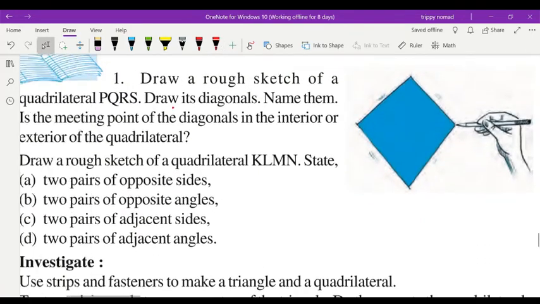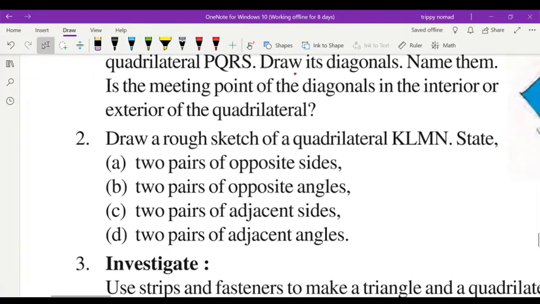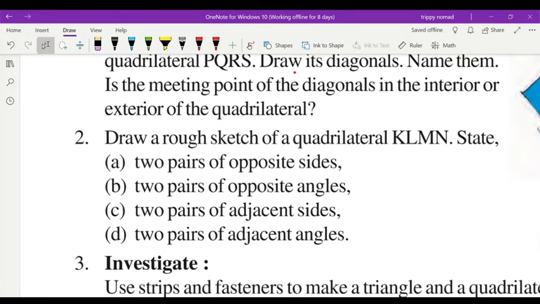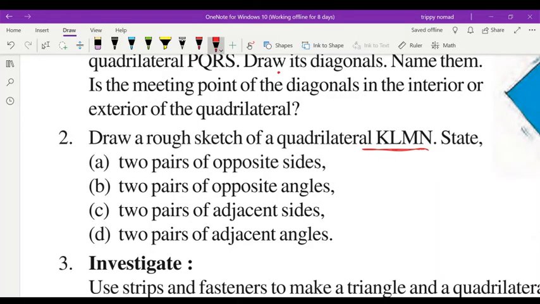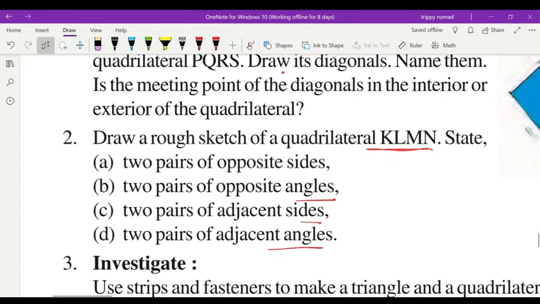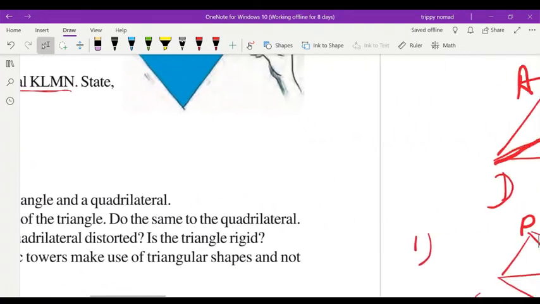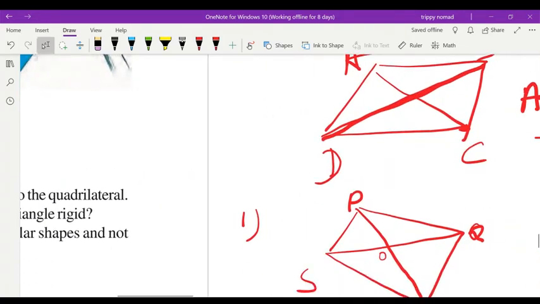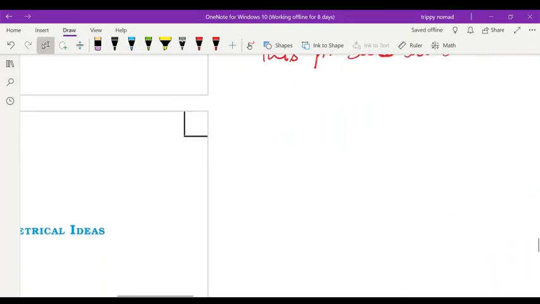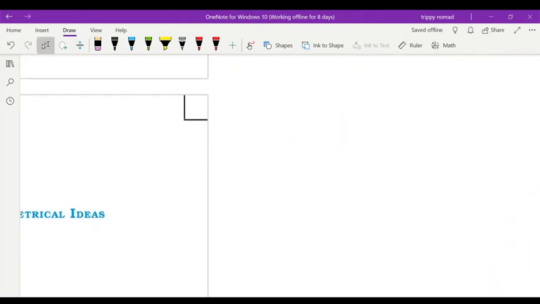Next question. Draw a rough sketch of quadrilateral KLMN. State two pairs of opposite sides, two pairs of opposite angles, two pairs of adjacent sides and adjacent angles. Okay, so let us start drawing this one. What was the name of that?